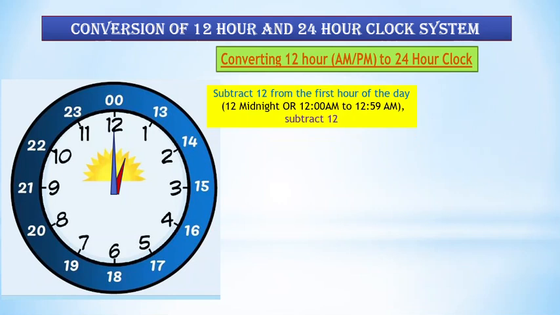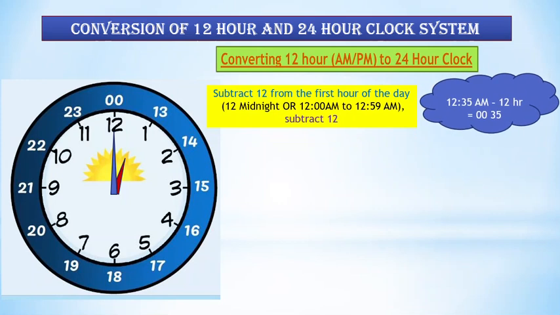When we are changing time from the first hour of the day, we subtract 12 from the hour side. In this example, 12 is subtracted from 12:35 a.m. and after subtraction we get 0035, which is 24-hour clock notation.